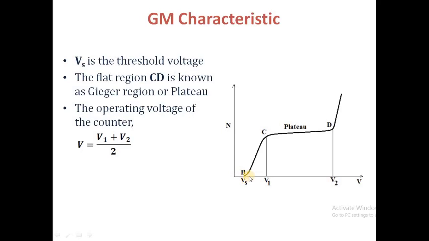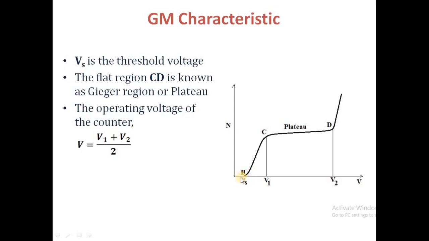When the voltage is low, the output voltage pulses will be small and the associated circuit will not be able to record and count these pulses. So, unless the voltage V across the counter tube exceeds a minimum value Vs, which is known as the threshold voltage, no counts will be recorded.